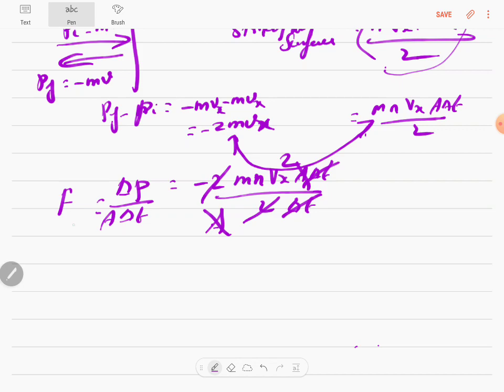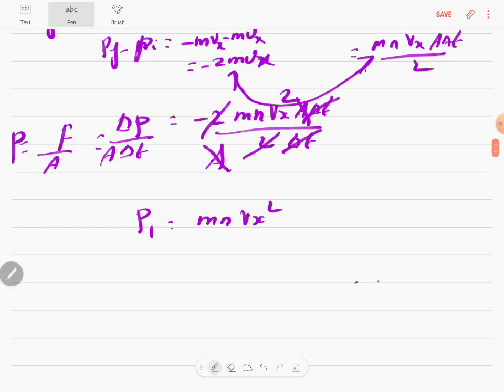So divide the left side also by area, and thus it becomes the pressure. Therefore the pressure along the x-axis, called P1, is m n vx square. So you can ignore the negative sign. Thus this is the pressure along the x-axis. The pressure along the y-axis will be m n vy square, and P3 is m n vz square.